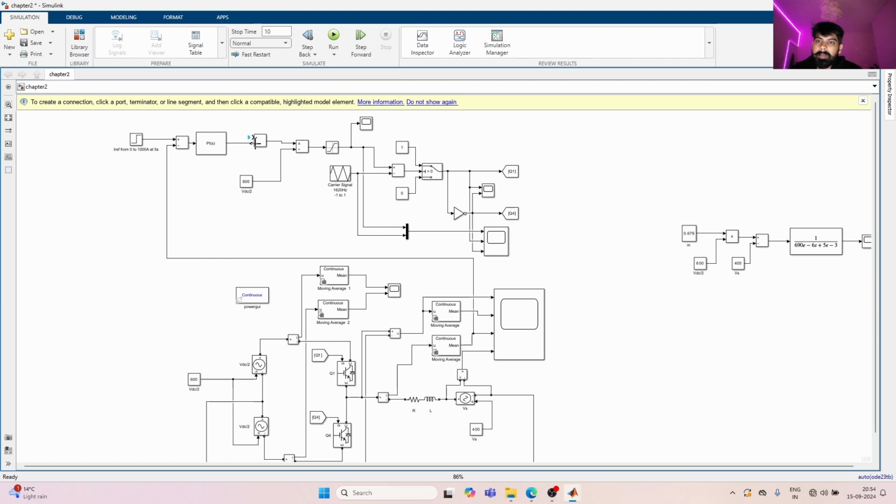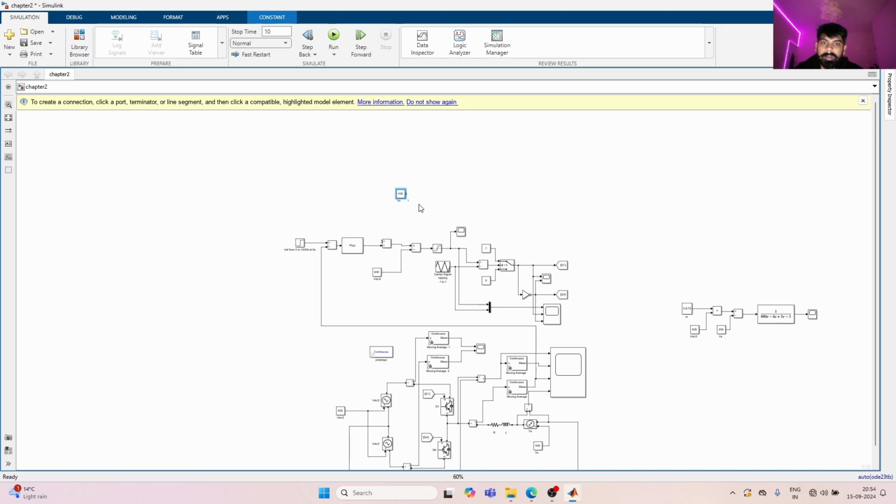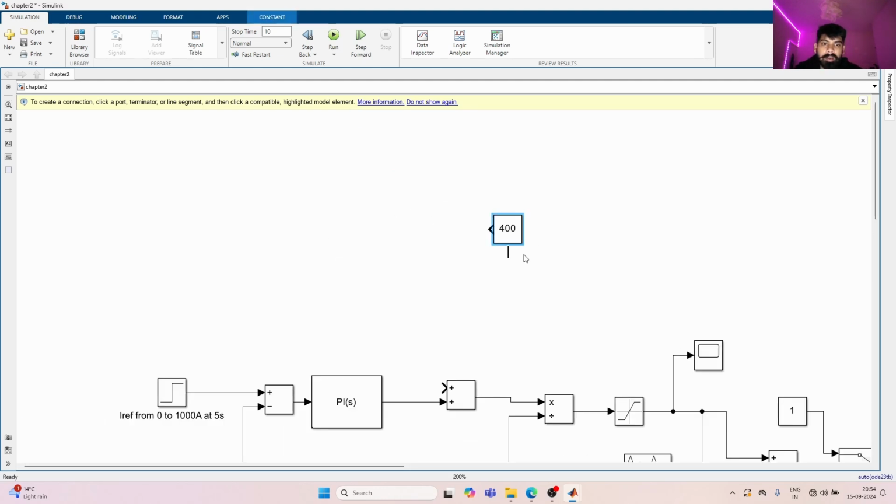So it takes the PI as well as we will give the source voltage, VS, right?